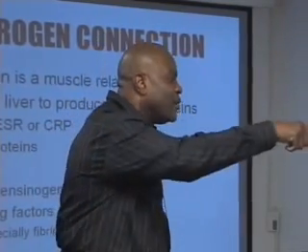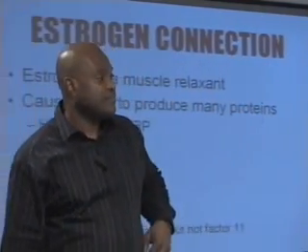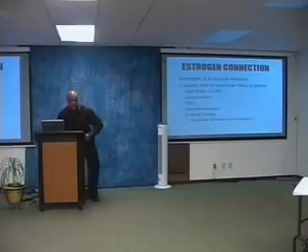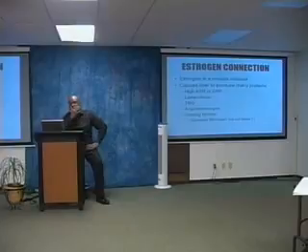Hey, wait a minute. Tara, what organ gets rid of estrogen? Kidney or liver? The liver. How do you know that? Is estrogen a protein or steroid hormone? Steroids are fat or water soluble. Fat soluble things go to the liver.